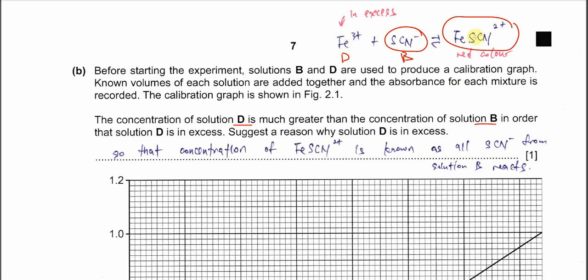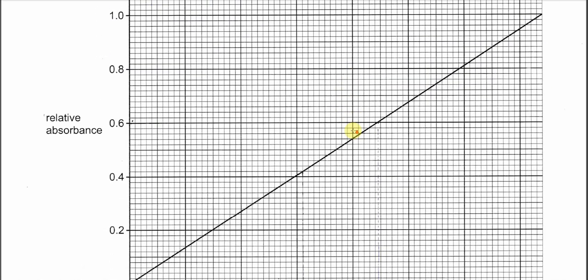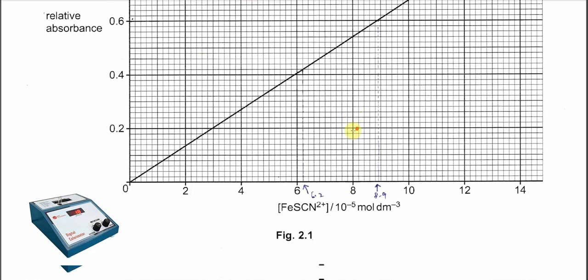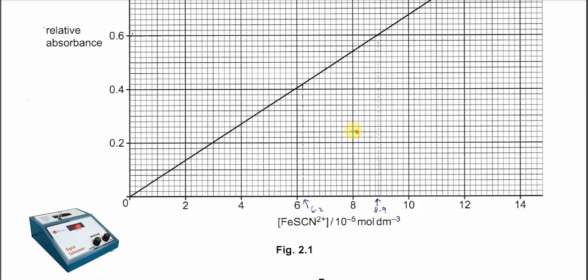So whenever iron thiocyanate is formed, it must come from this thiocyanate. Okay, that's the purpose. Later we get back to this calibration graph.